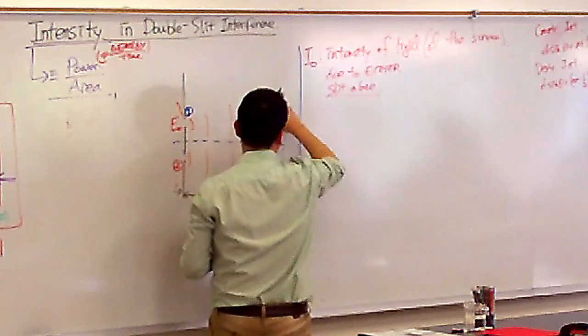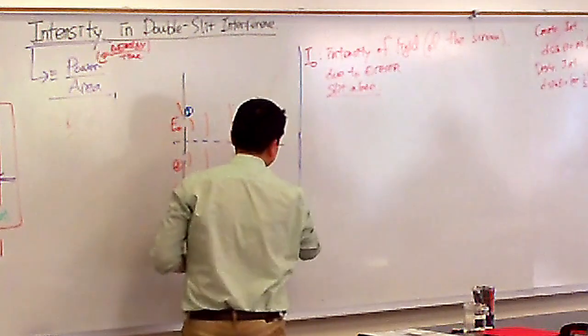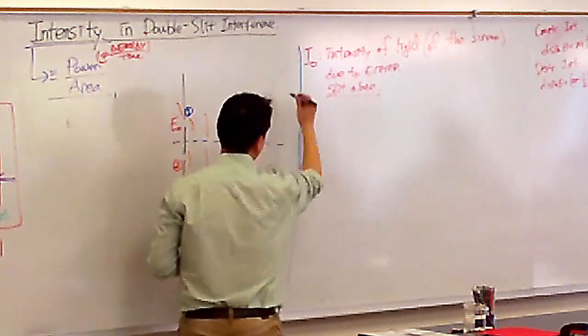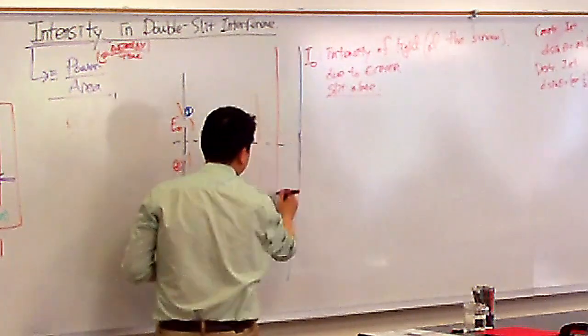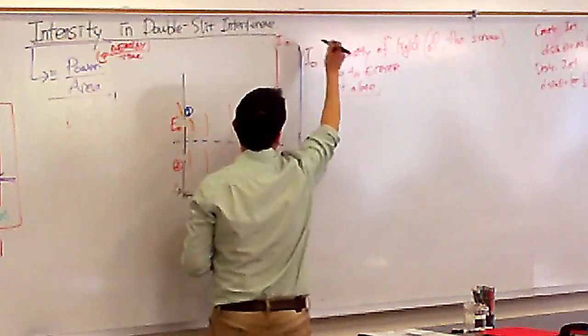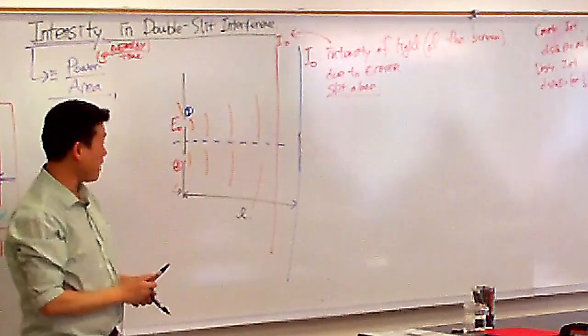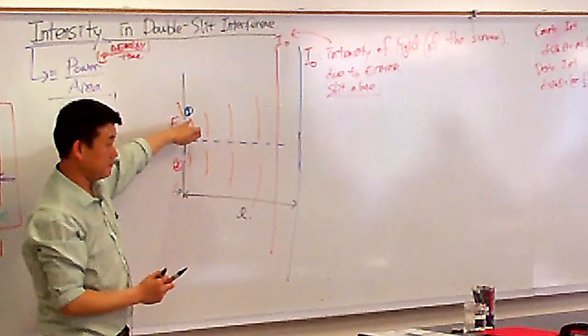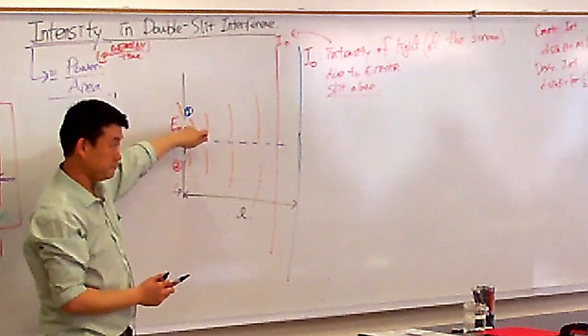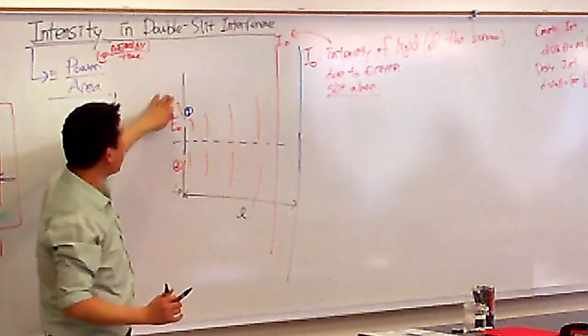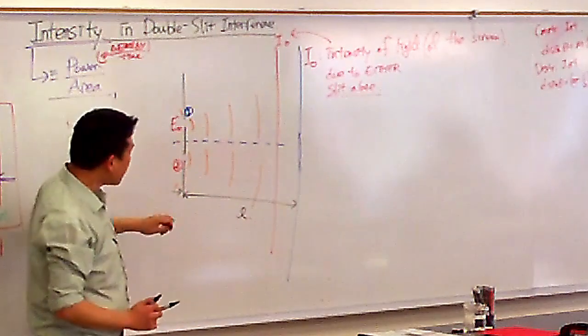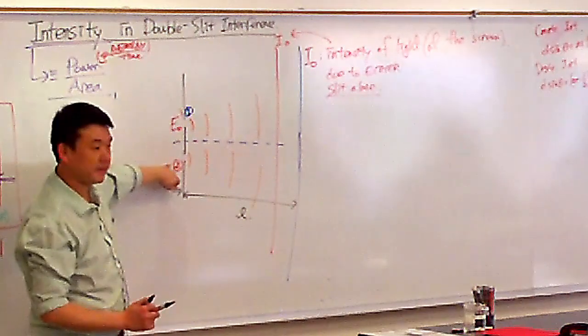So this is the sort of baseline intensity. This intensity I naught is what intensity you would have with a single slit and nothing else. Good?